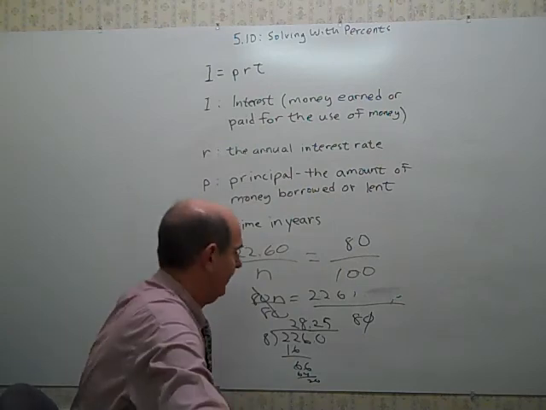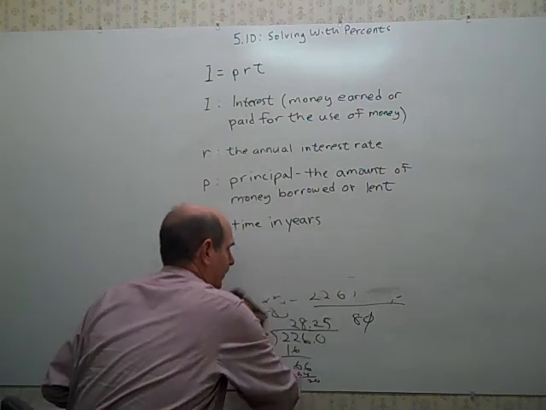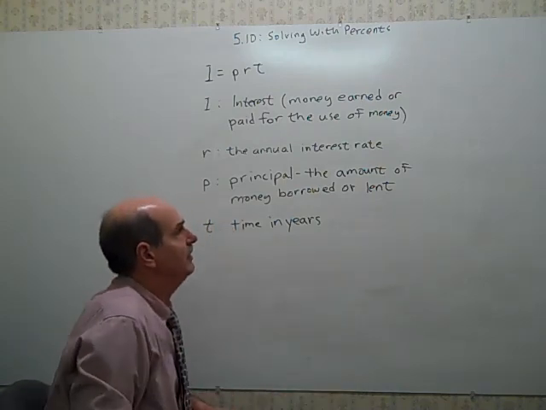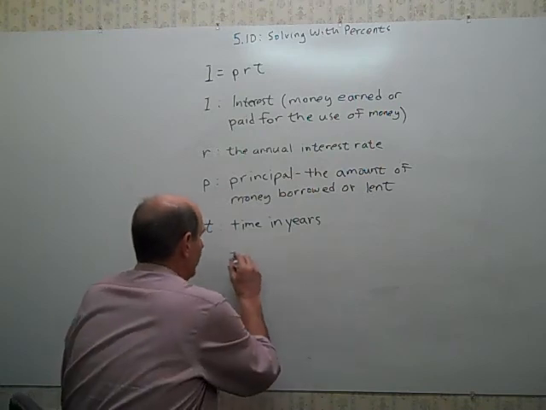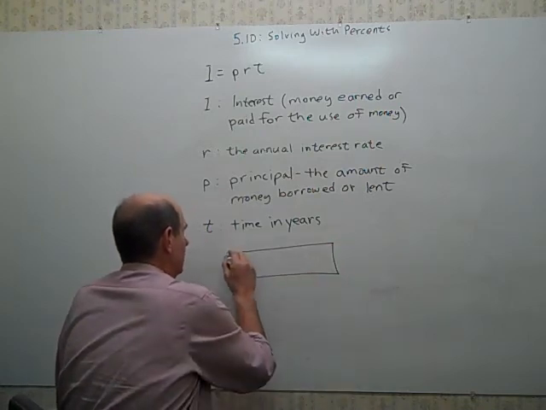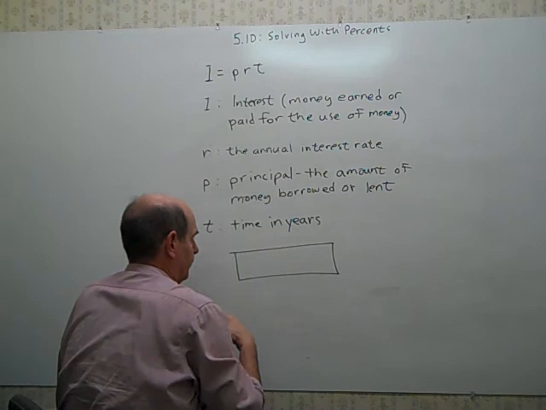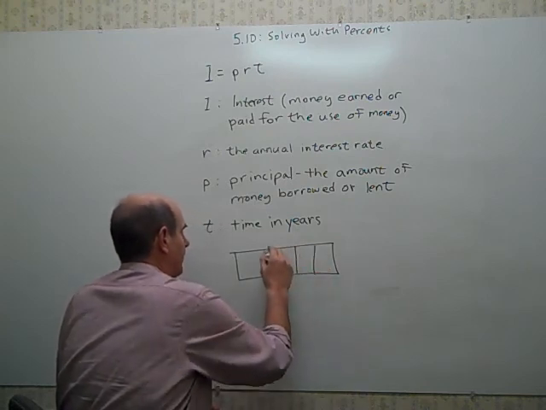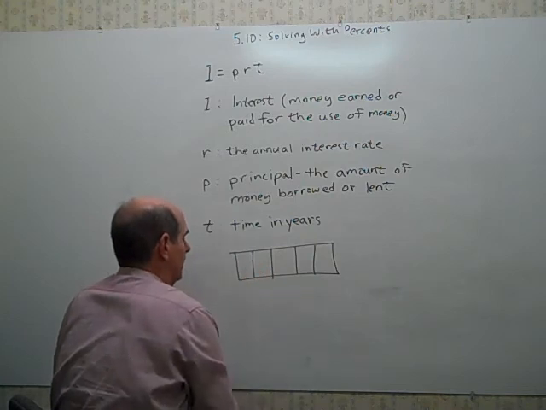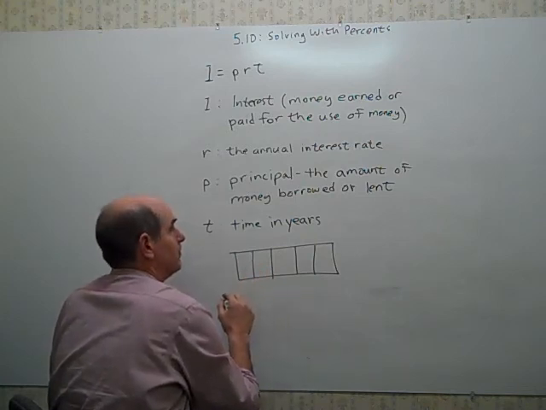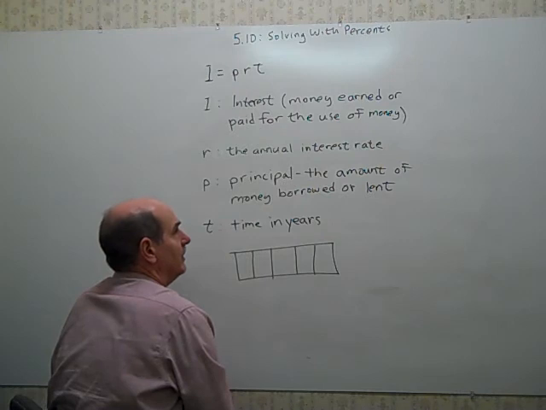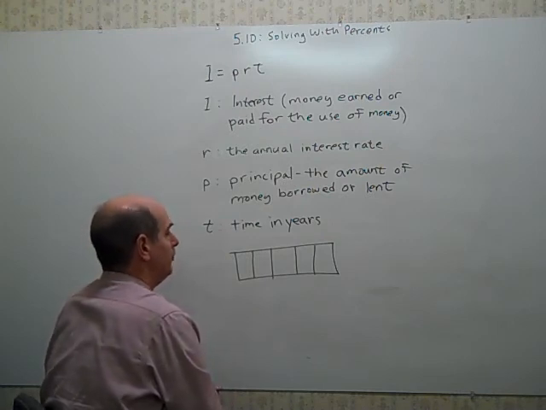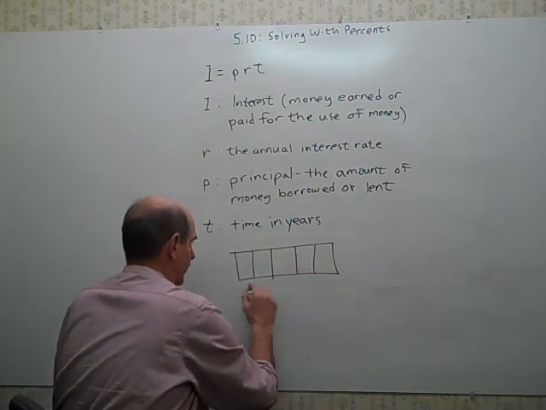I did mention, and I didn't practice this method, so I usually like to try to practice before I put problems up, but as I was working on this, it occurred to me that you might be able to do that problem this way. 20% off, which is a fifth, which means you could divide the original price into 5 equal parts, and let's see, the $22.60 he paid would occupy 4 of these parts.